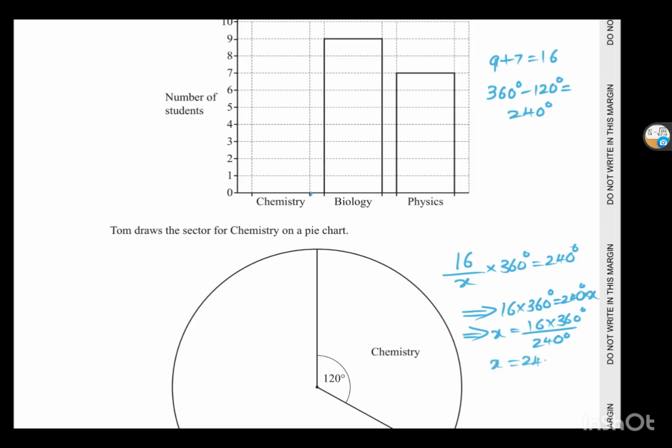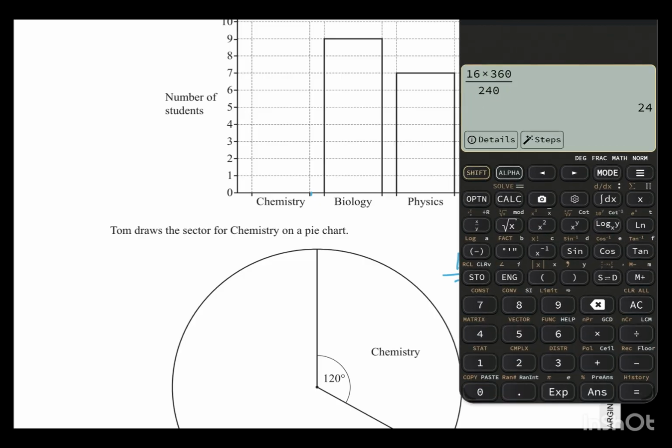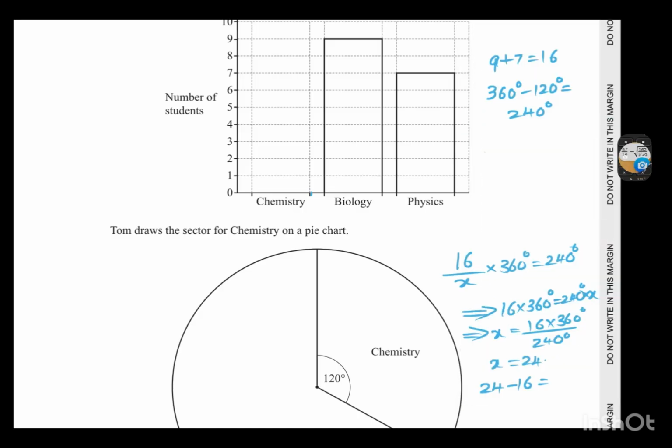Now taking this, find out the number of students who prefer chemistry. So 24 minus 16 will be the students who prefer chemistry. 24 minus 16 is equal to 8. So 8 students prefer chemistry. So using this 8, we can complete the bar chart.